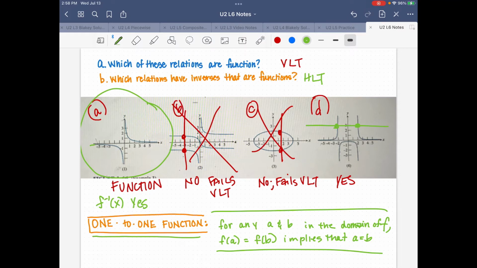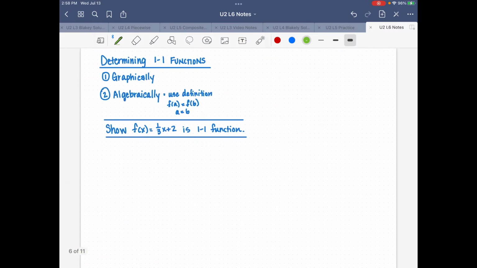All right. So if we're wanting to determine if a function is a one-to-one function graphically, we're going to use the vertical line test and the horizontal line test. And if it can pass both, then it's a one-to-one function. All right? So that's how we do it graphically.